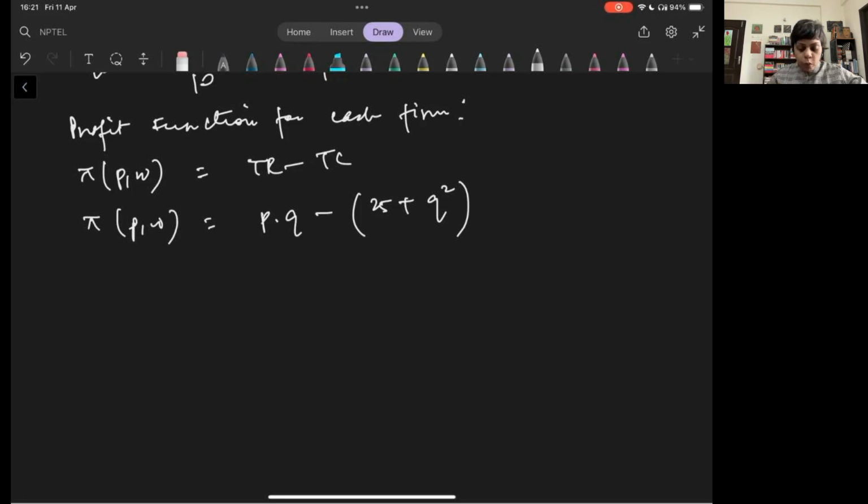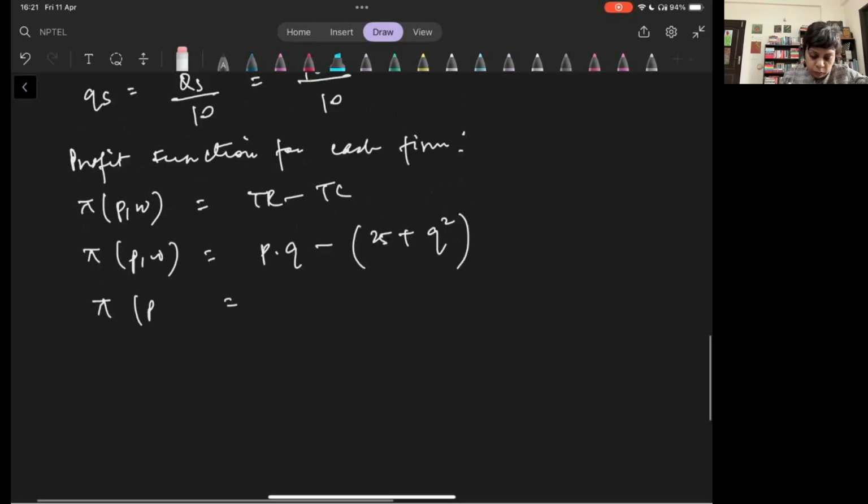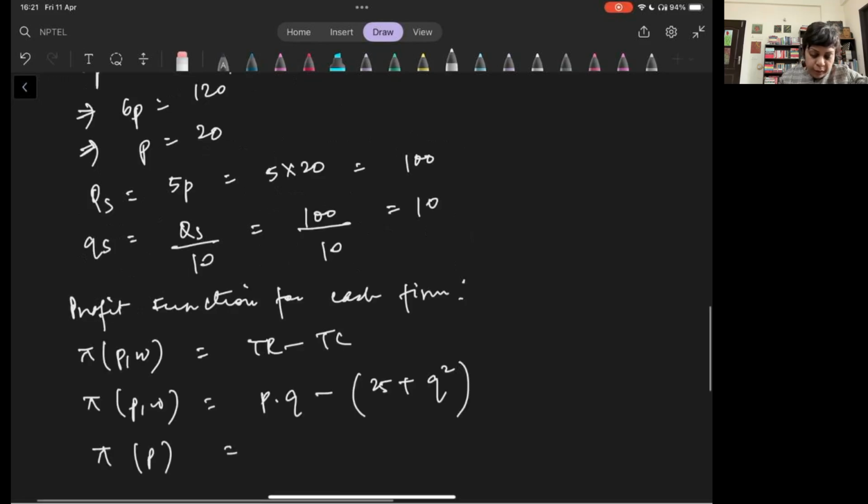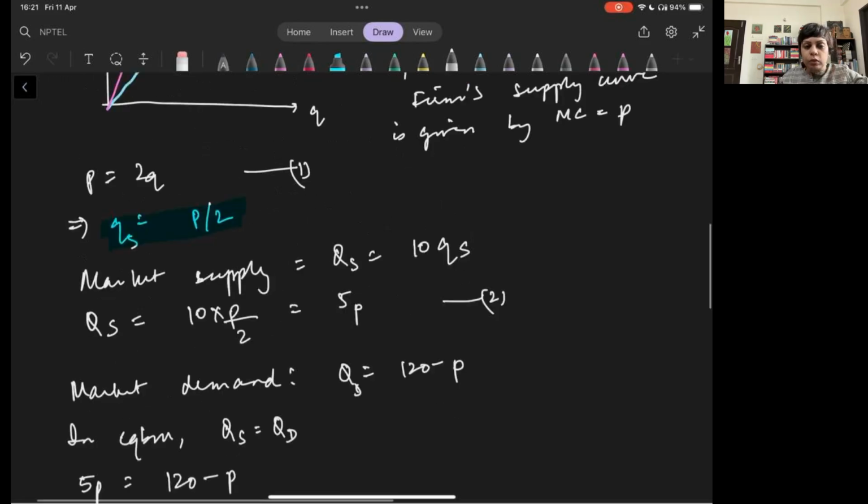So what do we need to do? We need to convert all the Q, wherever you have Q, we have to write that in terms of P. P comma W, or you can just write it as P because we are not given W and we don't need it also. So Q we already calculated here, right? P by 2. It's already highlighted. Q is equal to P by 2.